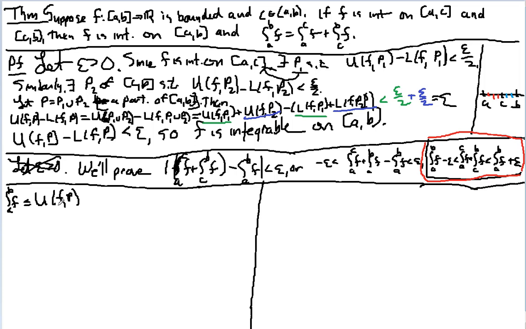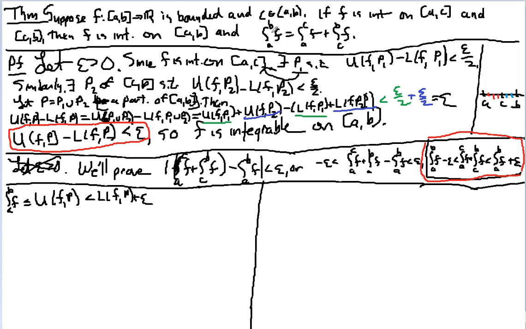Why? Because this is an upper bound for the integral. I also know that U of f of p minus L of f of p is less than epsilon. So if I add this L to the other side, I get U of p is less than L f of p plus epsilon, which just comes from this equation right here. Just rearranging that.